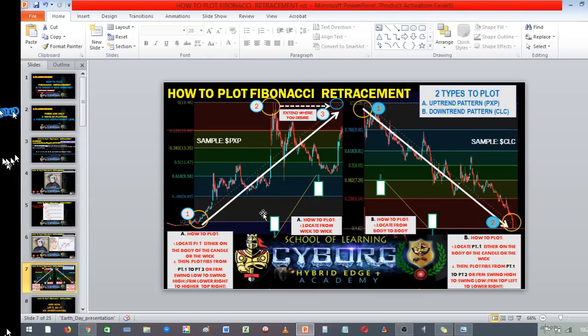For an uptrend, you plot the first Fibonacci point from the lower left to the top right of your stock.